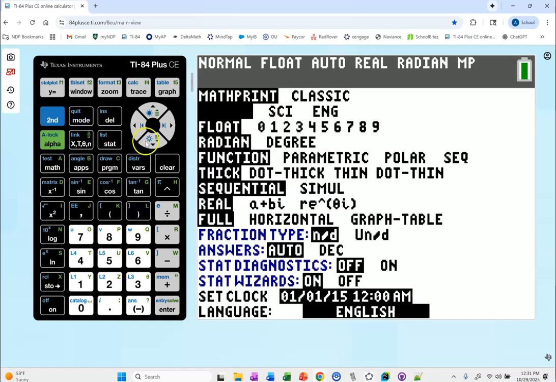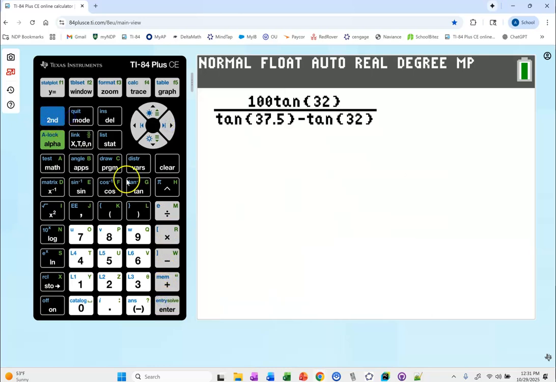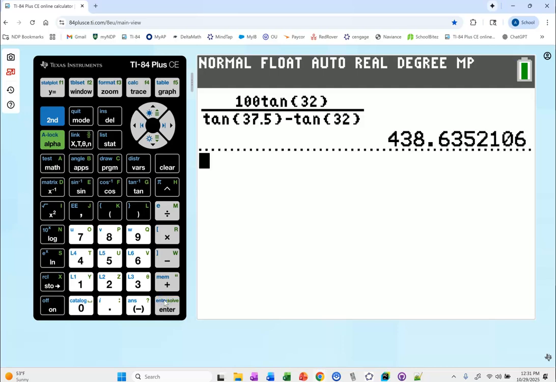Before I press enter, I want to make sure I'm in degree mode, which I wasn't. Good thing I checked. Press enter. So there's my y, about 438.64.